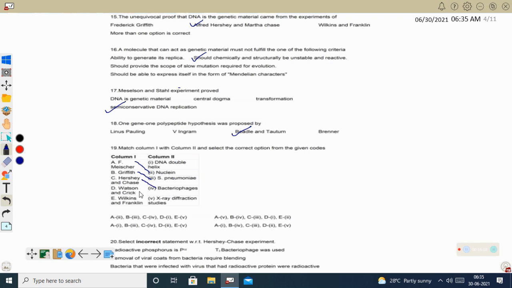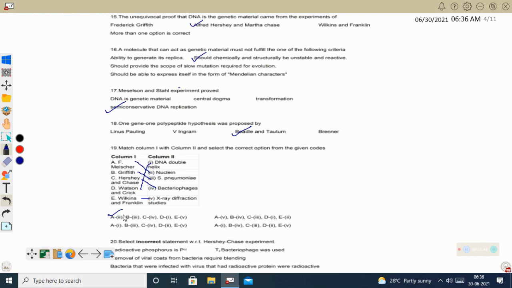Watson and Crick elucidated the DNA double helical structure, and Wilkins and Franklin did the X-ray diffraction study of DNA. So this is the another one, E, it matches with 5. So here we can see the correct option: A 2, B 3, C 4, D 1 and E 5. So here the correct option is A.